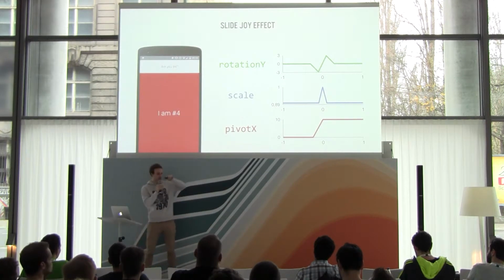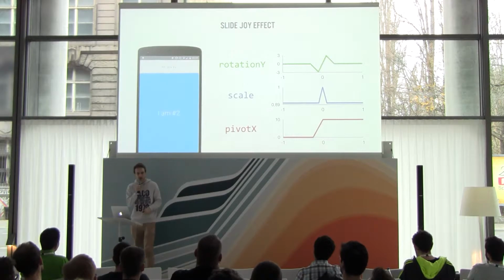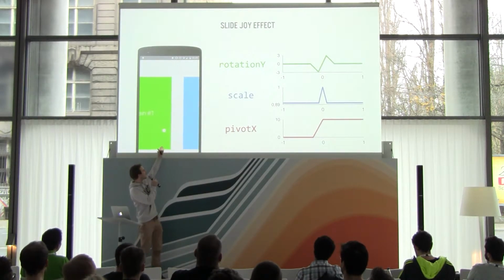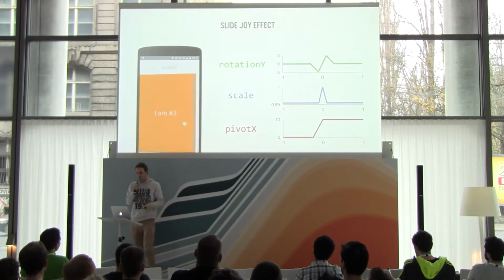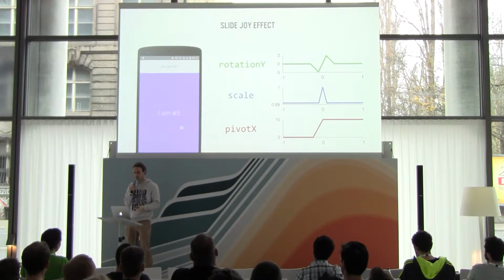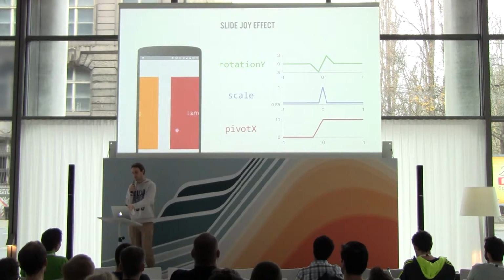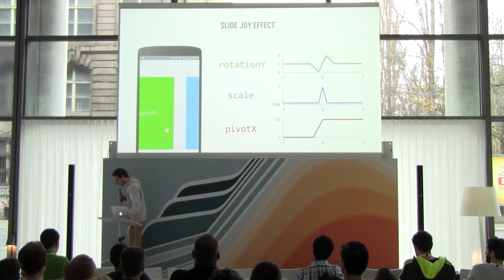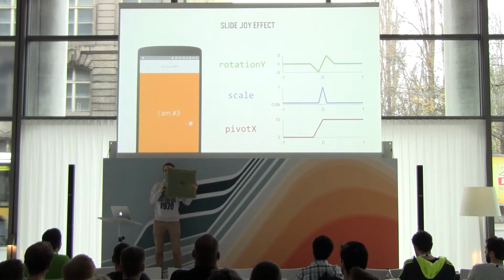When we start scrolling quickly, you see that the scale goes quickly to 0.9. It becomes a bit smaller, and it stays there for the entire part of the rotation until it comes near 0. How do we do the other? The scale is simple. The rotation is really simple as well. We are modifying the rotation y of the view, and this is what causes it to look like it's transitioning in.